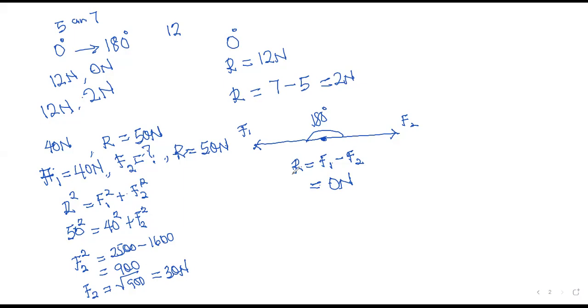Then let's continue our discussion on what we were doing last time, and the resolution of vectors. All these are limited to when you have just two. If there are three, you cannot use Pythagoras theorem, adding them, subtracting the lesser one from the larger one, or using cosine rule.